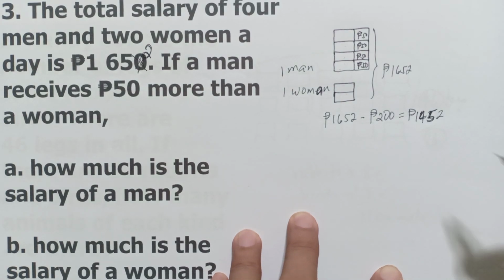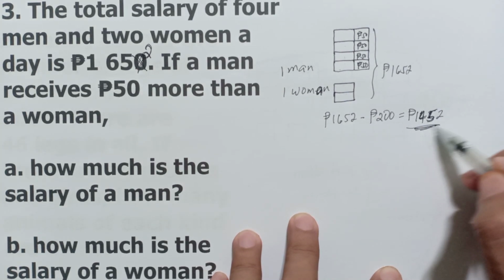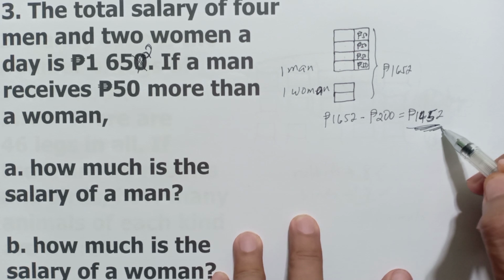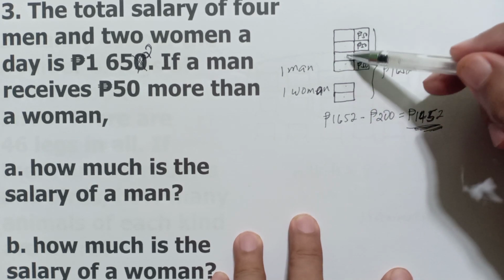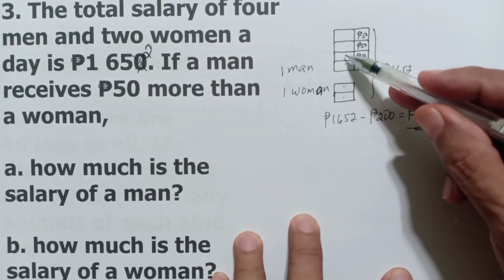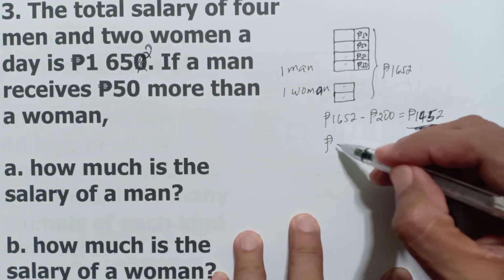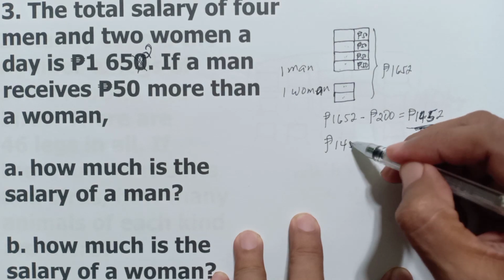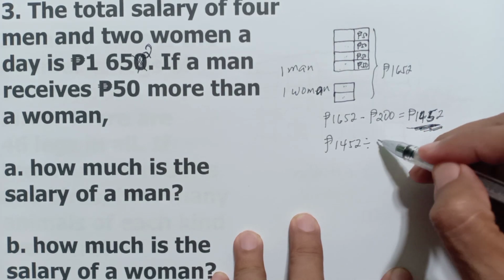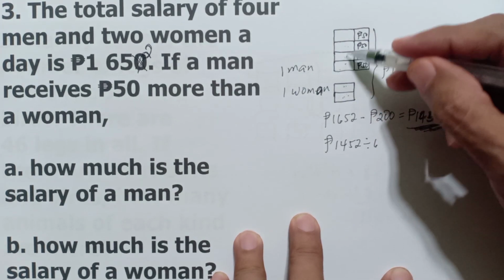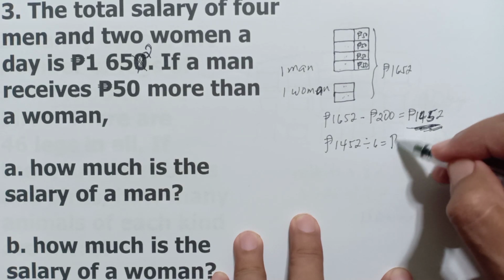Okay. So this 1,452 is the total of these 6 blocks. So to get 1 block here, we need to divide this by 6. So let's divide 1,452 by 6. These 6 blocks here to get the value of 1 block.